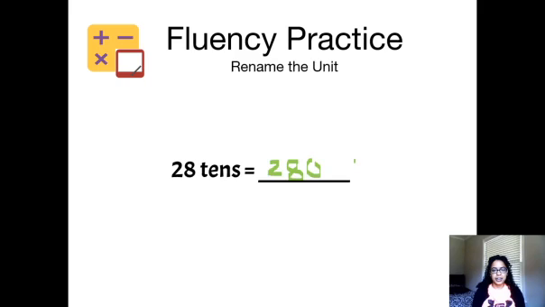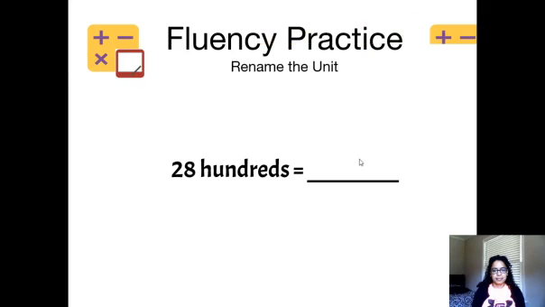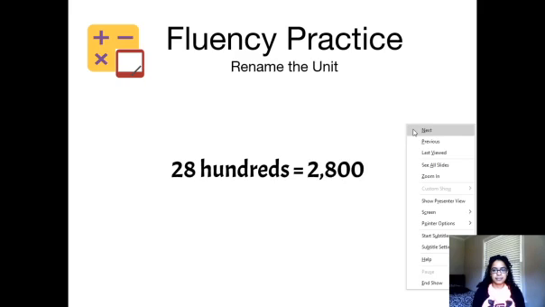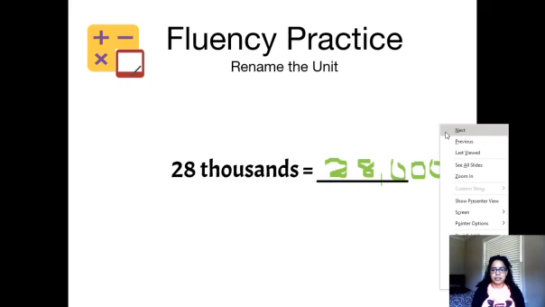Now let's move on. 28 hundreds will be 2,800. Moving on. 28 thousands would be 28,000. So this one's pretty simple. Moving on.